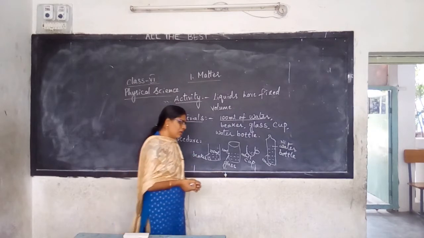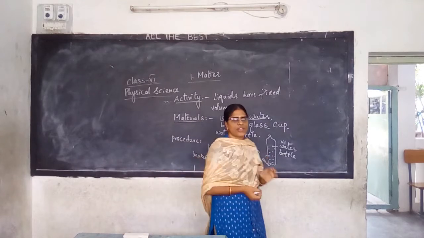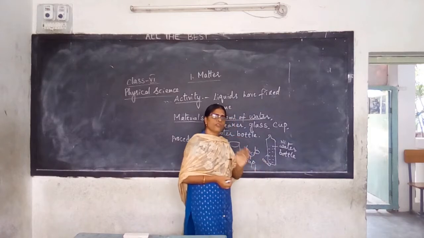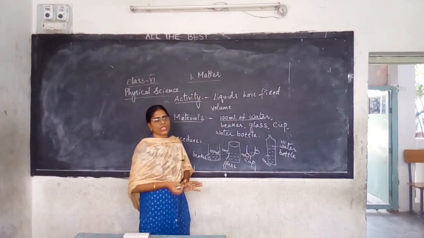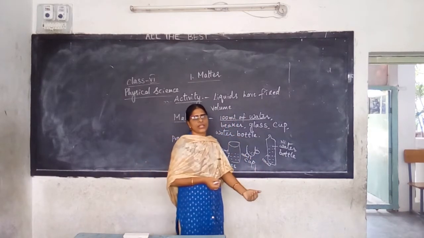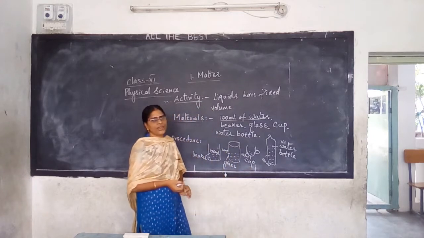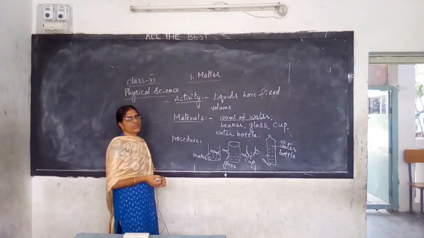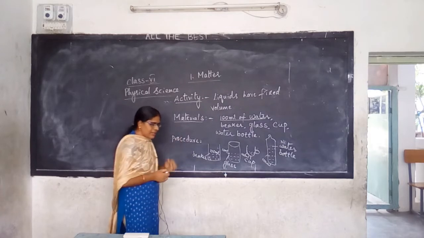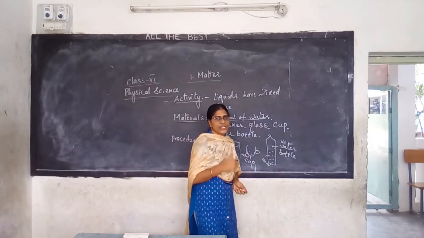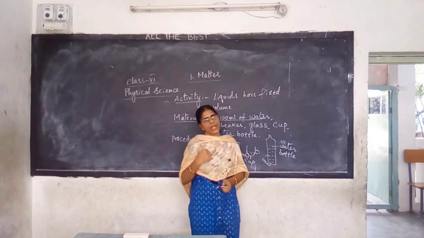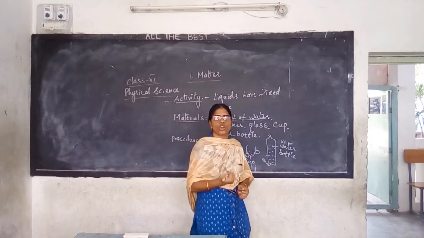Your liquids have definite volume, but their shape will depend on the container. Whichever container you are taking, it will take the shape of that container. Okay, children? In the last class, we studied that solids have fixed shape and fixed volume.